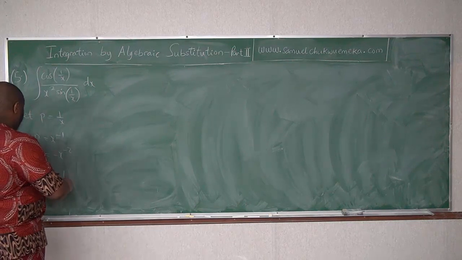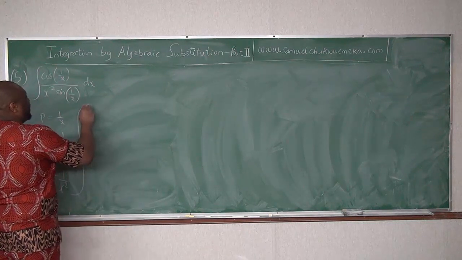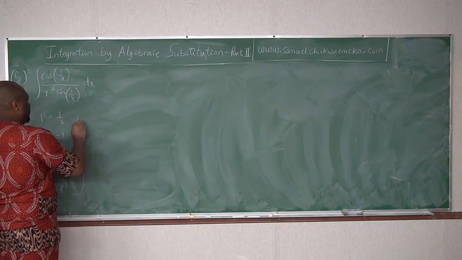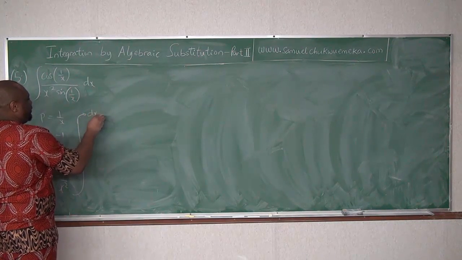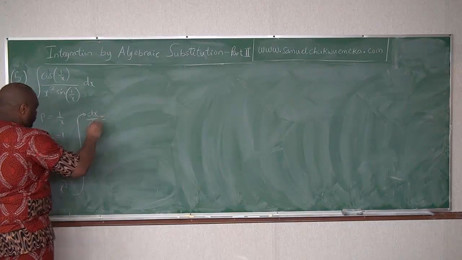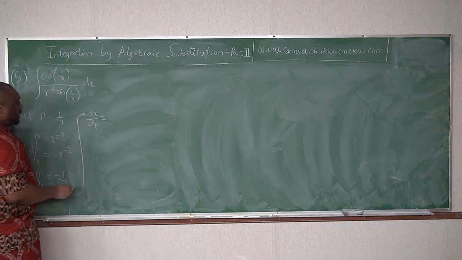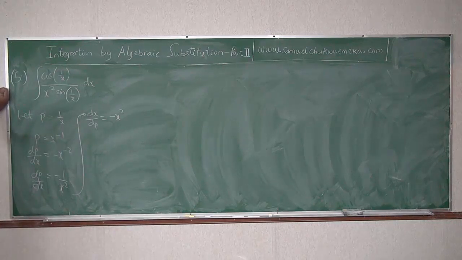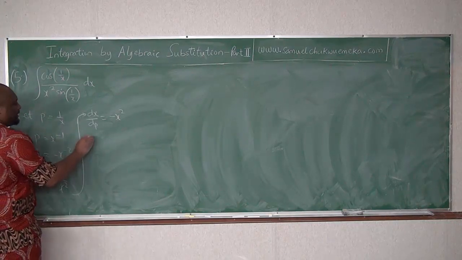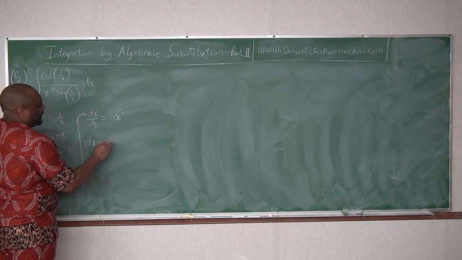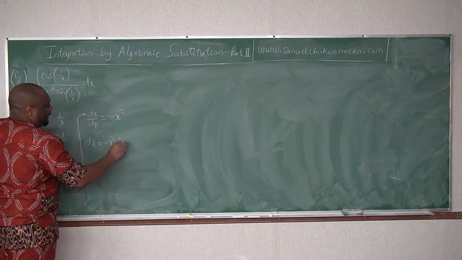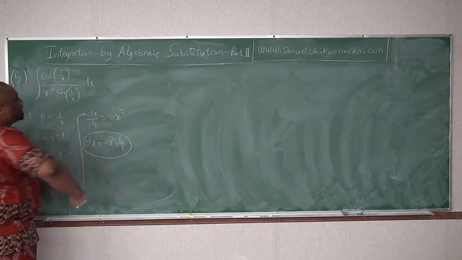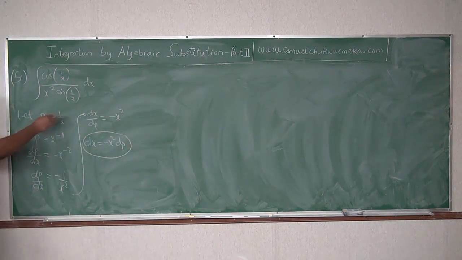So dx over dp would be negative x squared. That means that dx is negative x squared dp. So this is what I need here, and I need this here.